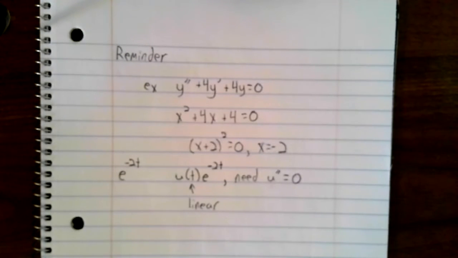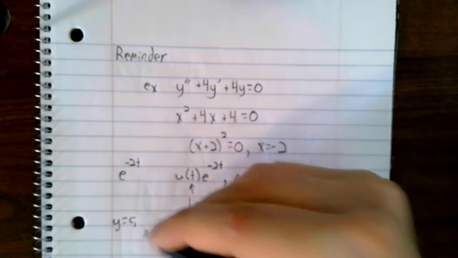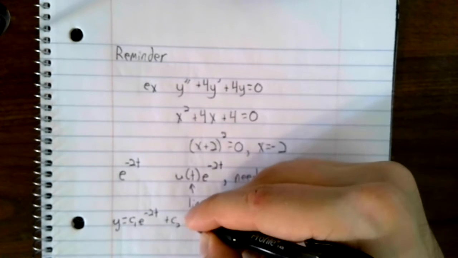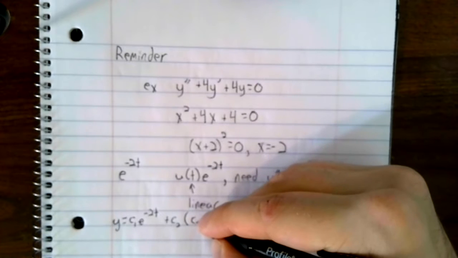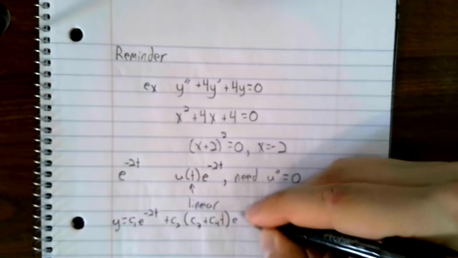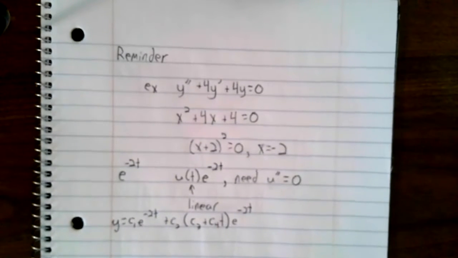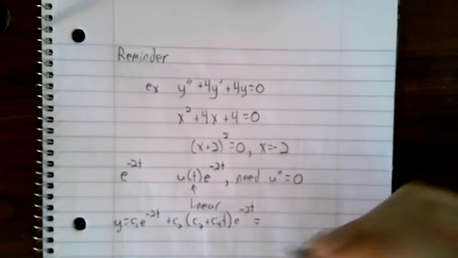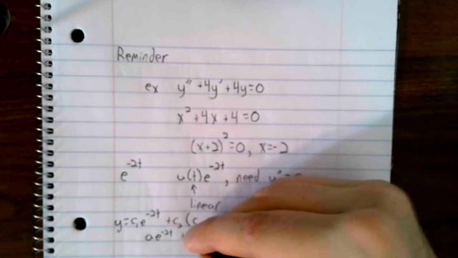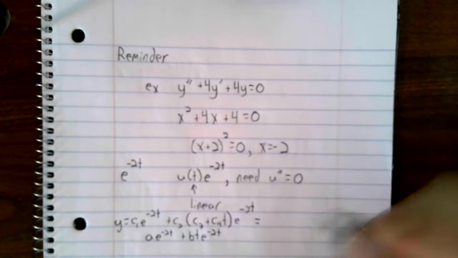So we created a general solution, y equals c sub 1 e to the -2t plus (c sub 3 plus c sub 4 t) e to the -2t, which we then simplified as a e to the -2t plus b t e to the -2t.